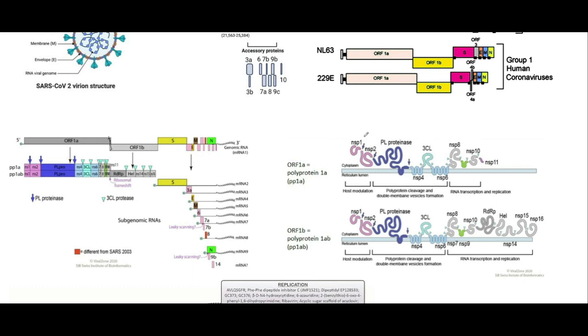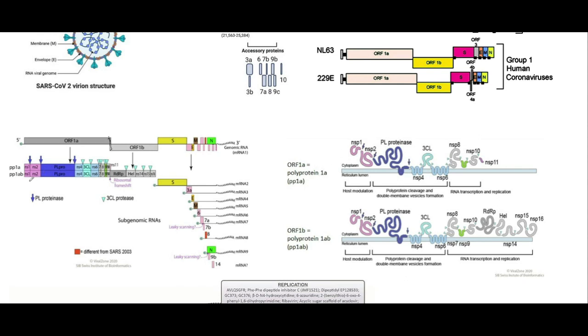It's a number of different proteins connected together, which later, at the places where the arrows point, will be cleaved into multiple separate proteins. So ORF1A first translates all of this as a single large polyprotein.